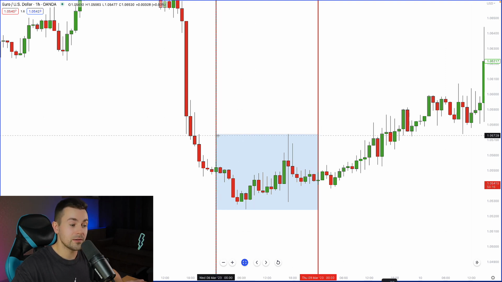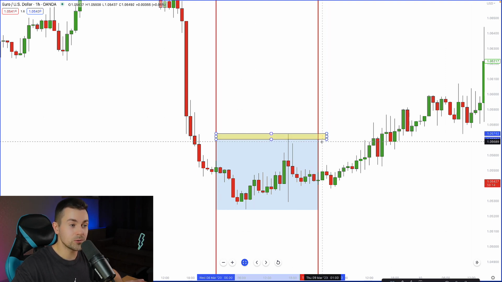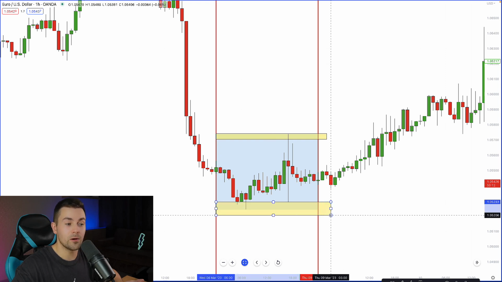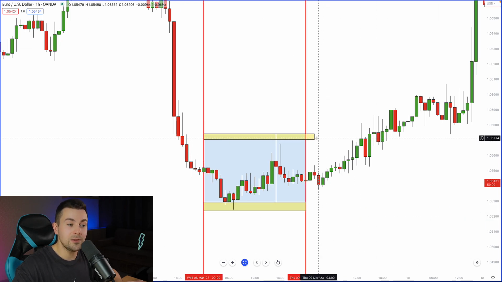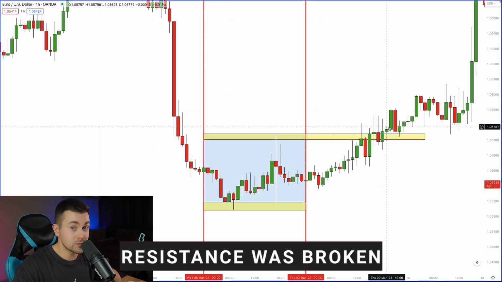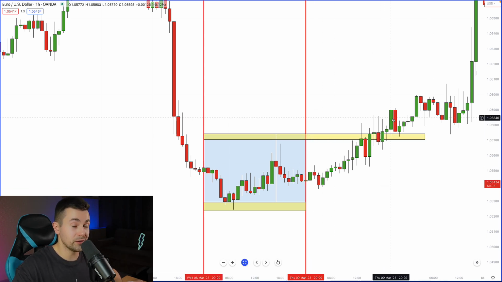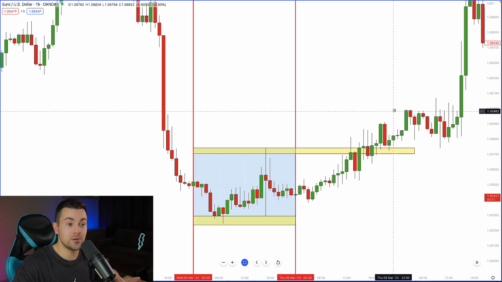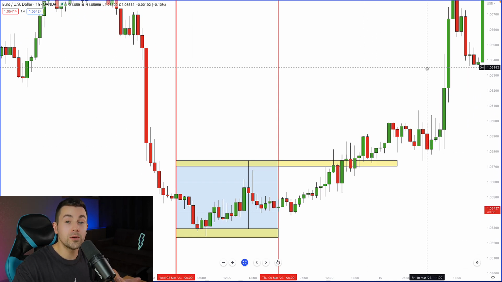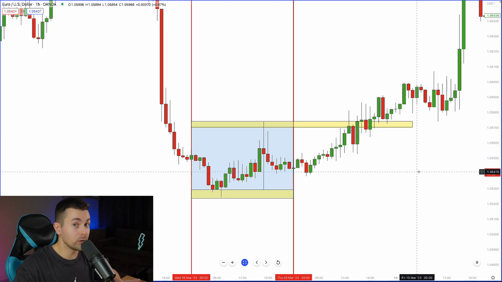Here we got the range, yes, the horizontal range, and the market was stuck within that. And then you can see that after some fluctuations, the resistance of the range was broken. And that was the exact trigger, because after the breakout, we saw a strong bullish continuation.